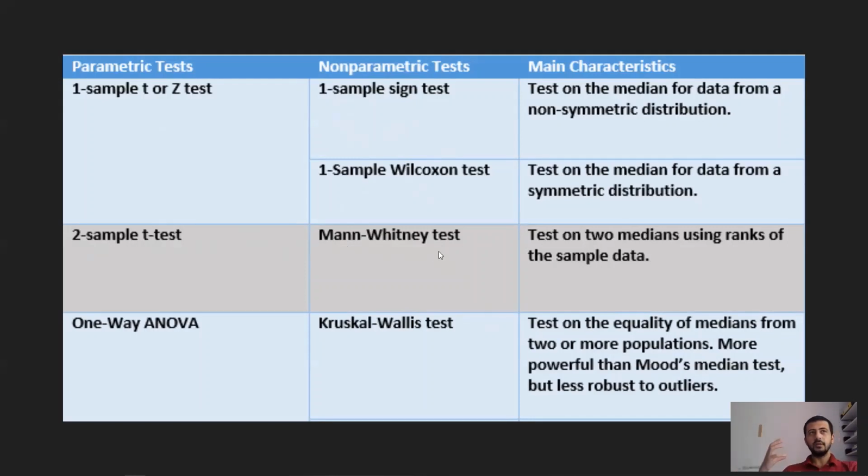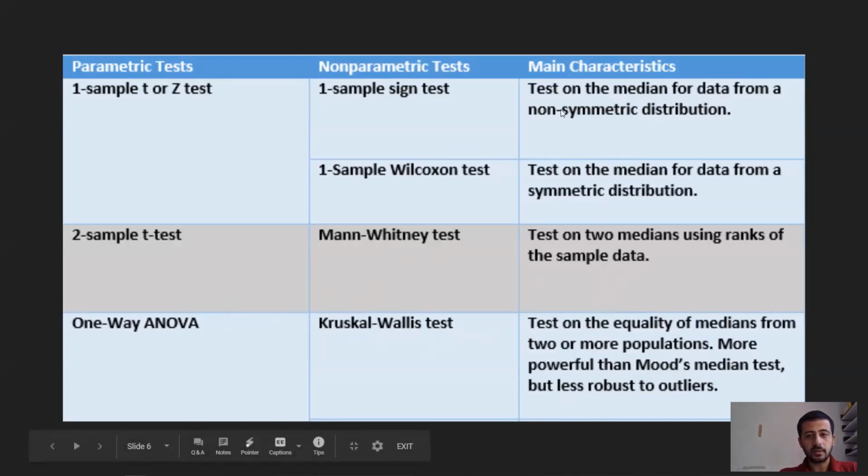And I think you remember that from the distribution, from the algorithms, we learned about like 3 or 4 sessions ago. The ANOVA test, Kruskal-Wallis test. And you can see here what are the characteristics of these kinds of tests.